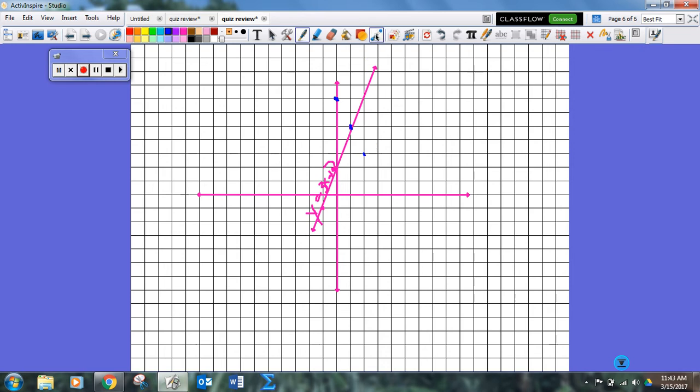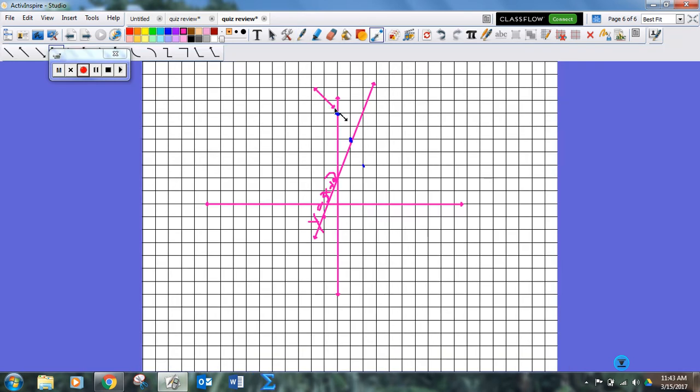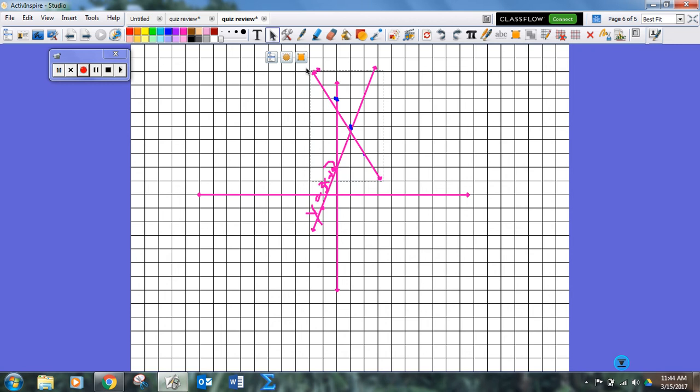And again, I want to connect with a nice straight line. Try to make that line a little straighter. There we go. Now, if you remember, what we're really trying to look for here is the point of intersection.